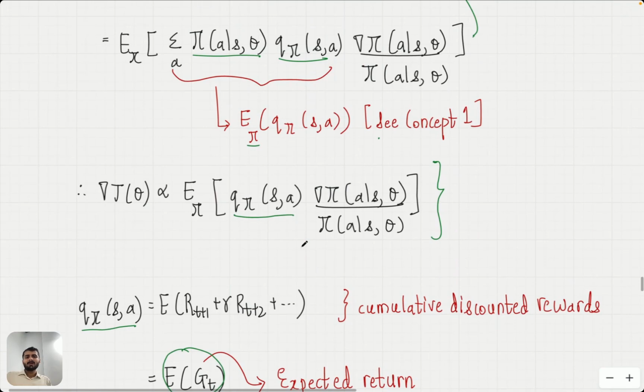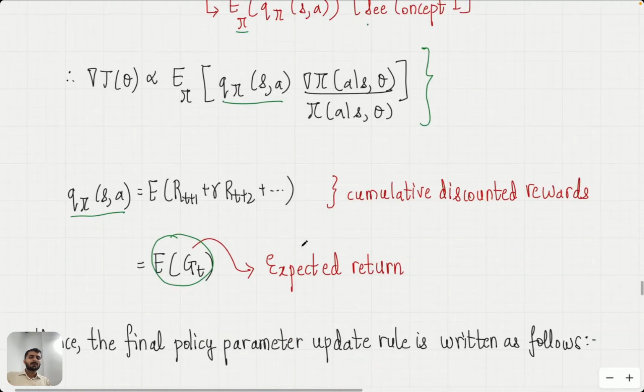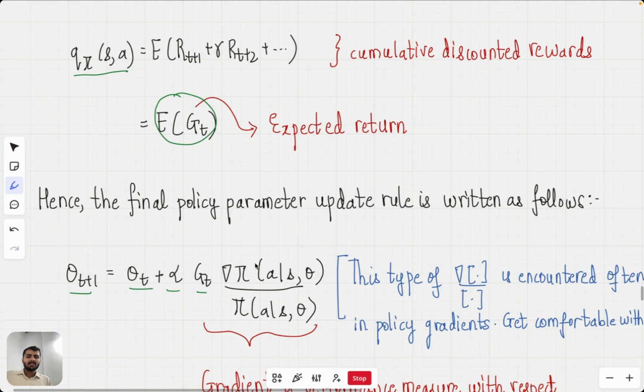In case the probability concepts are not clear, I would like you to go through this derivation by yourself. And the reason I ask this is because whenever we see this type of expression, grad pi divided by pi, it is something which we are going to encounter frequently in the policy gradient lectures. Even in PPO and GRPO, you can see the way these terms appear are exactly like this in all the expressions.